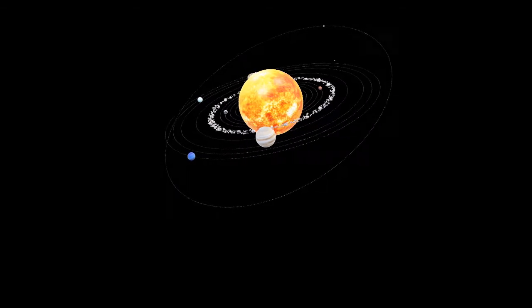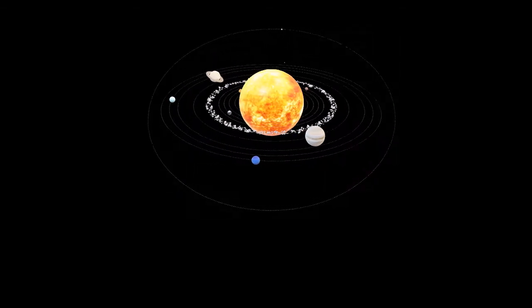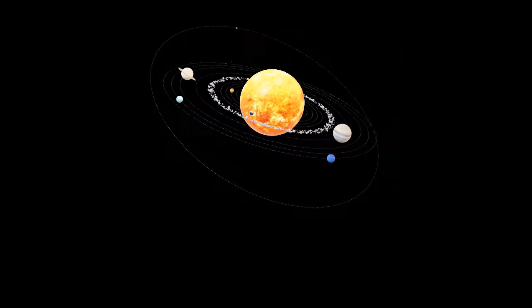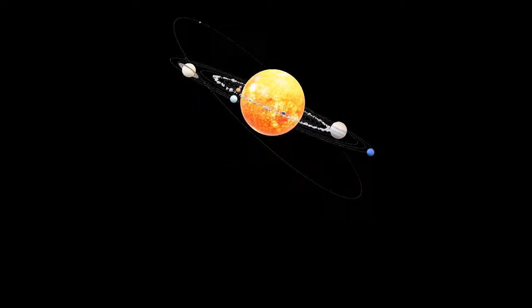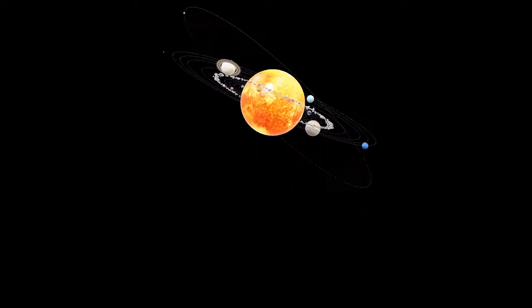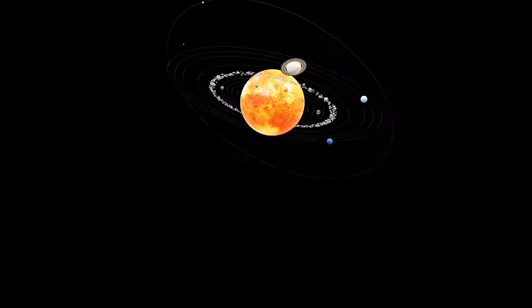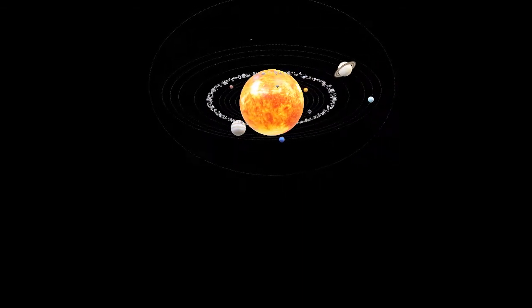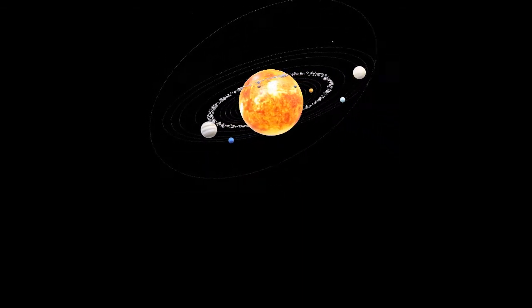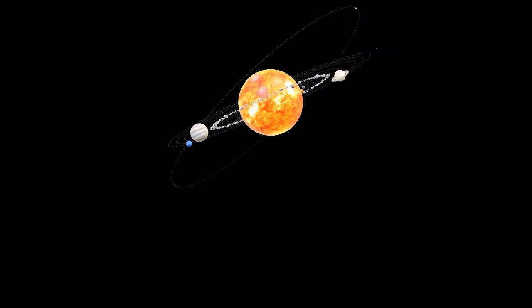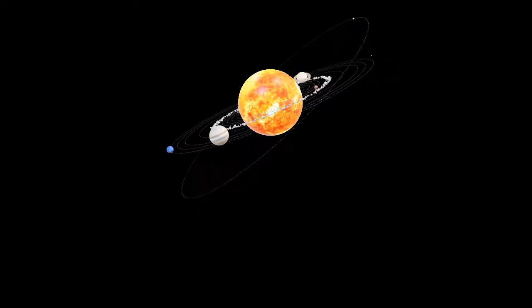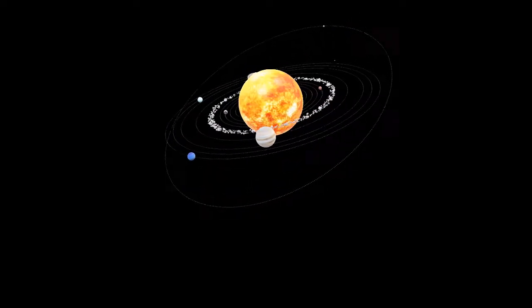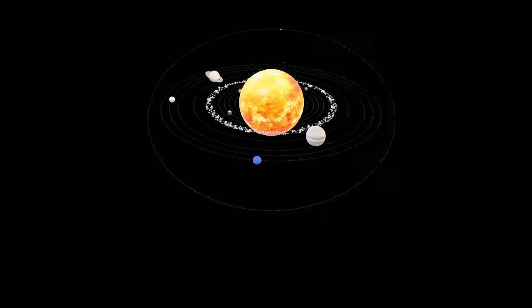Right? As you can see, this is the solar system. The solar system consists of one main star, that is the sun, and 9 planets orbiting the main star. Okay? And the Earth is one of the planets in the solar system.